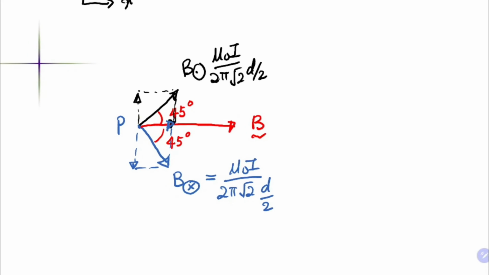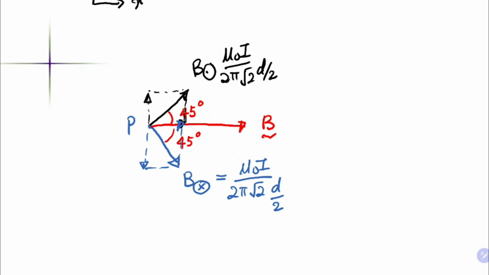From this, without doing any calculations, we know that the black one is the same magnitude as the blue one. If we resolve into the y component, one points upwards and the other points downwards, so they cancel out.